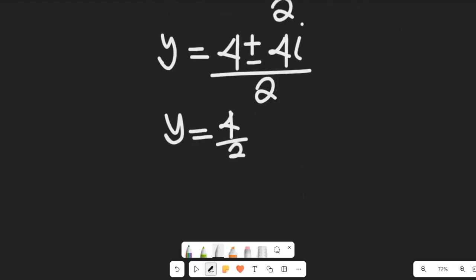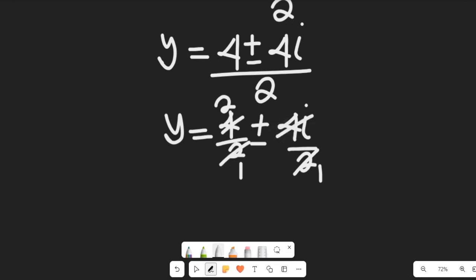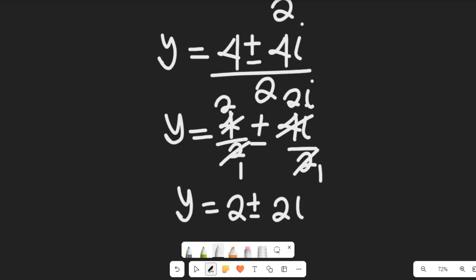Plus or minus 4 imaginary divided by 2, while this clears 1 to give us 1, this will be 2. While this clears 1 to give us 1, this is going to give us 2 imaginary. So we're going to have our y to be equal to 2 plus or minus 2 imaginary.